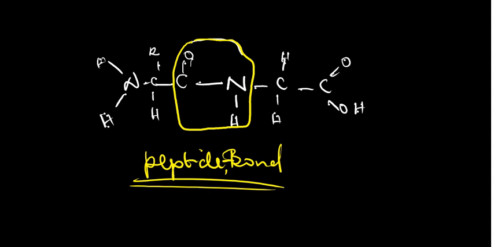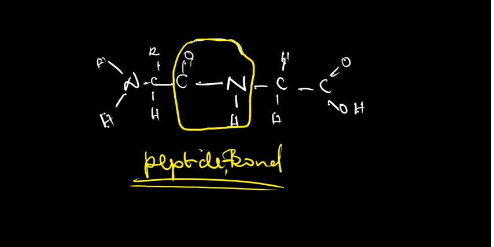Alright, so when we have peptide bonds between two amino acids, we have a peptide bond between these two amino acids. Two amino acids is called a dipeptide, right?